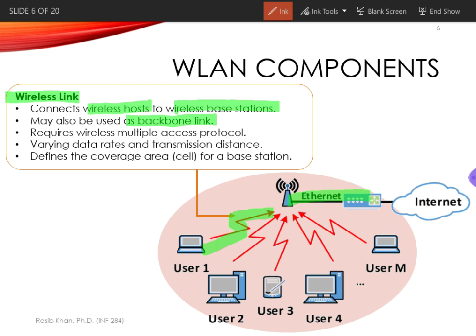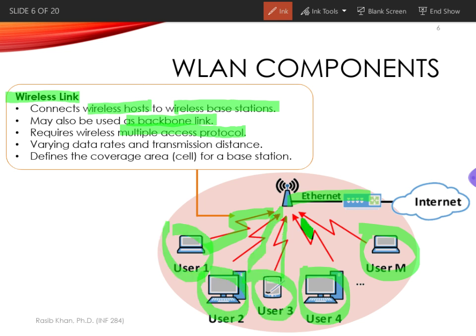It requires a different variation of protocols in the data link layer to enable this connection. There are many different protocols, and the other thing is it requires a multiple access protocol. That means it needs to facilitate the fact that multiple user terminals are connected to the access point at the same time. So it needs to facilitate this particular feature.